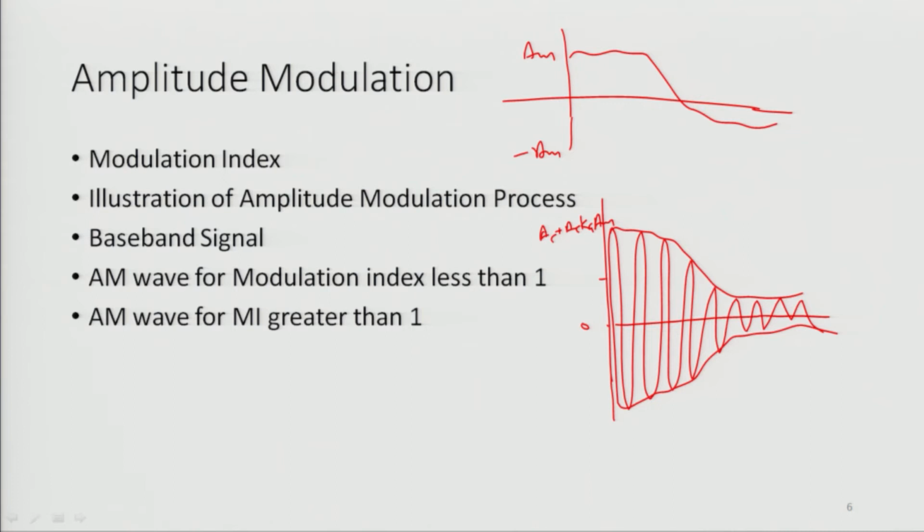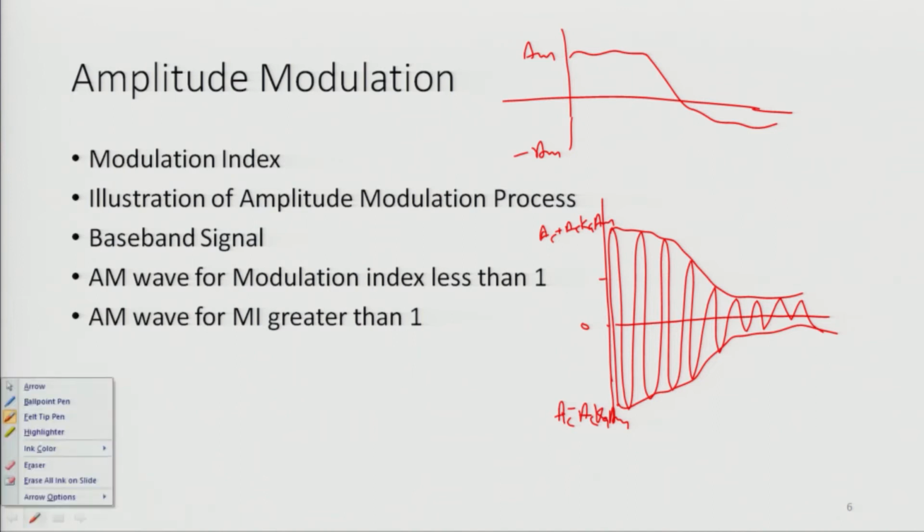Similarly, this point is Ac minus Ac ka Am. Ka Am is less than 1, then Ac minus Ac may be 0, but here the magnitude of m(t) can be minus Am. These are the points for modulation index less than 1.